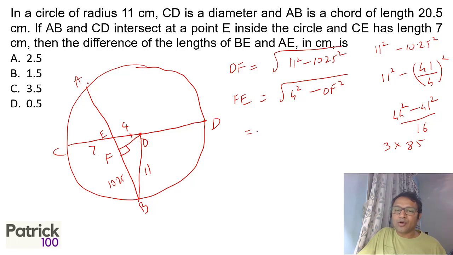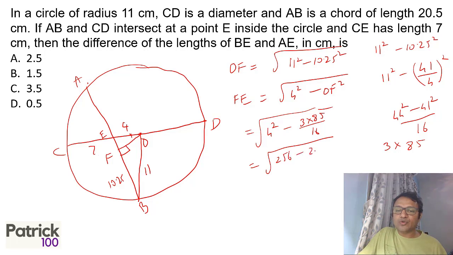So FE is root of 4 square minus 3 into 85 upon 16, which is root of 256 minus 255 upon 16, or root of 1 upon 16. So FE will be 1 upon 4, or 0.25.